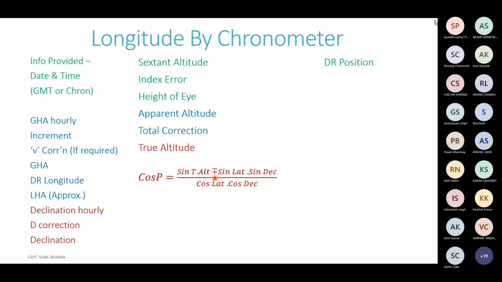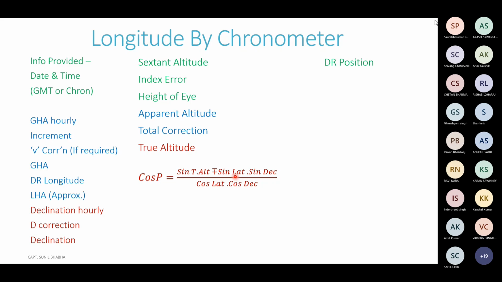In these kinds of equations, the upper symbol is always used when the following terms, that is latitude and declination, are of the same names. And the lower symbol is used when the following terms, that is latitude and declination, are of the opposite names.